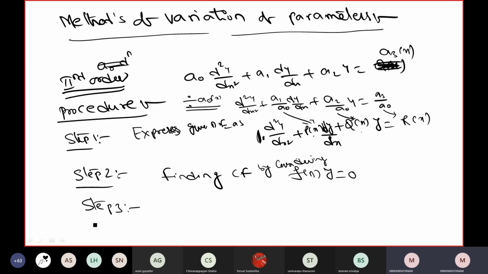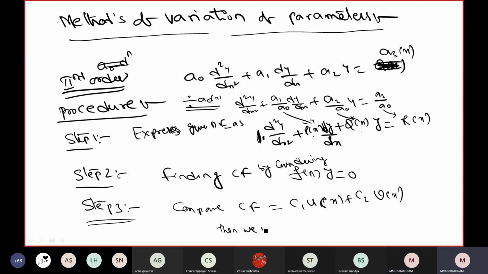Step 3, please listen: compare the CF with C1 U of x plus C2 V of x. Whatever CF you got, you have to compare it with C1 U of x plus C2 V of x. Then you will get U and V.